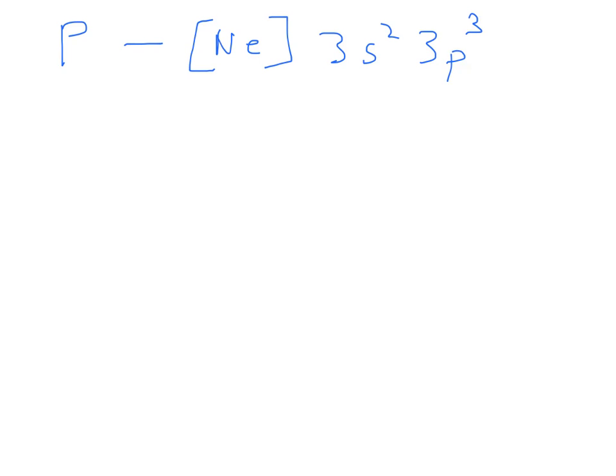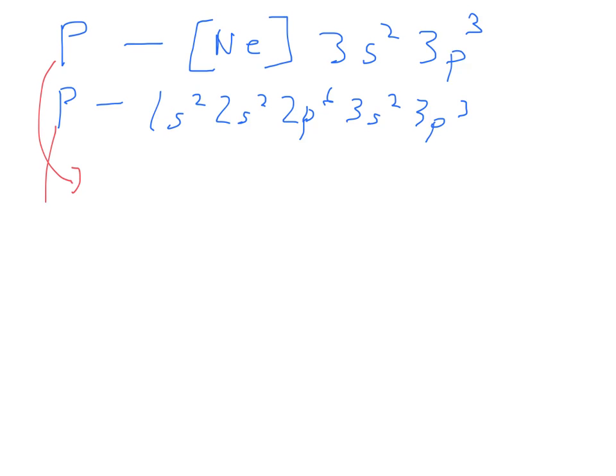Okay, if I were to write it out longhand, 1s2, 2s2, 2p6, 3s2, 3p3. I can write my orbital diagrams for phosphorus using noble gas notation and the long way. So you can use noble gas notation for orbital diagrams as well.